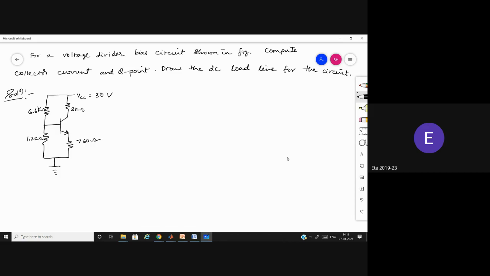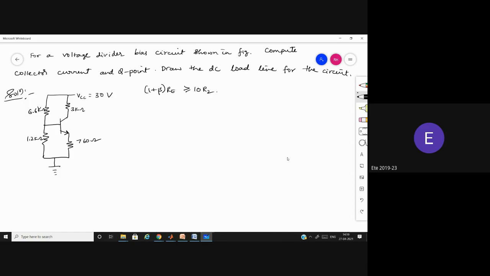What is the condition for approximate analysis? (1 plus beta) RE is greater than or equal to 10 times R2.